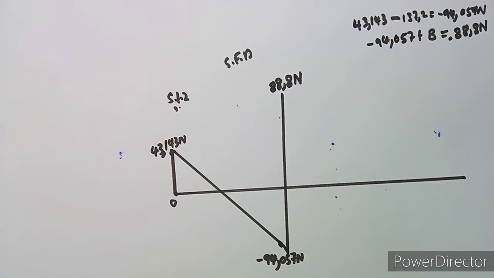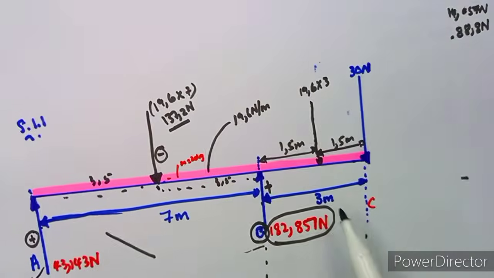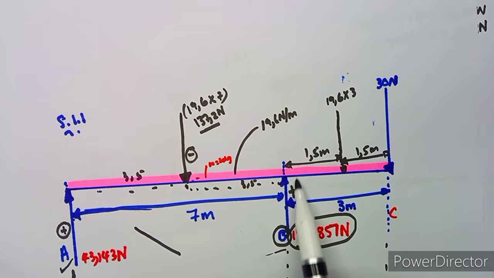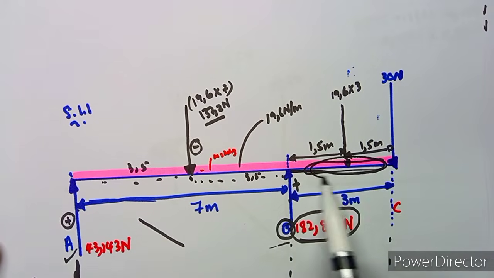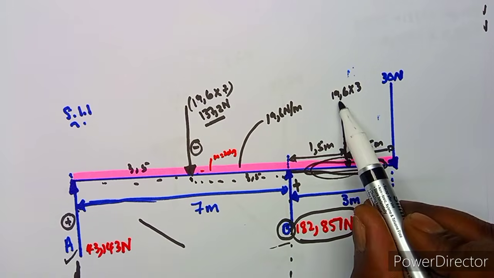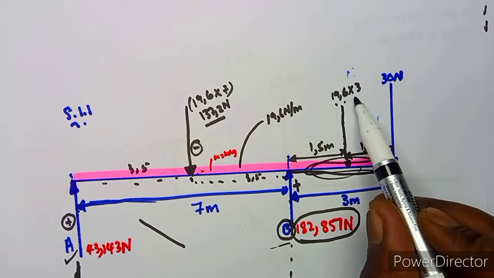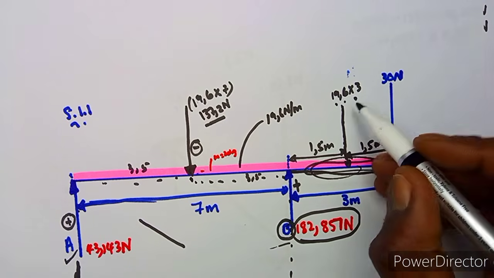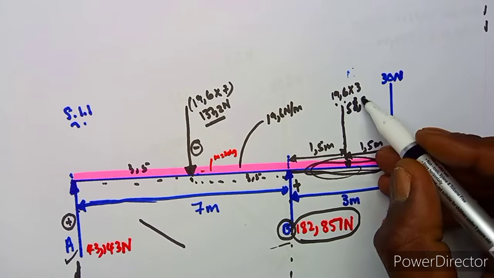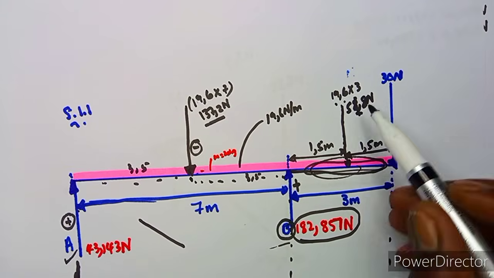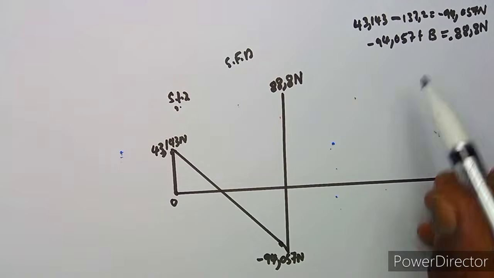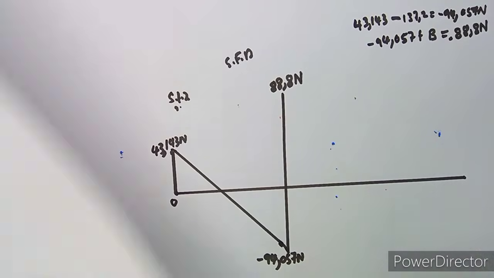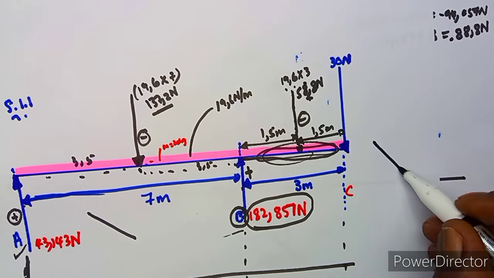Now, if you are to cross-check, at this point B we are now part of the distributed load again, so we are now going to subtract this 19.6 times 3, which is going to give us 58.8 Newton. We subtract the distributed load that is going downwards at this value. And remember, a distributed load is always going to be like this.